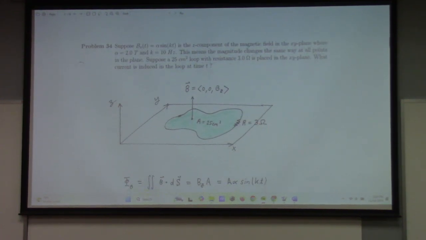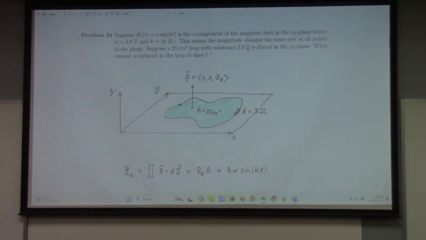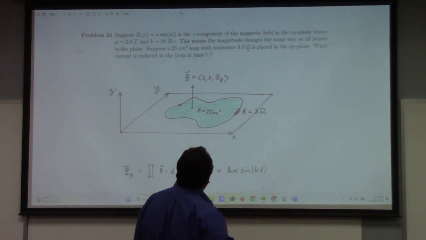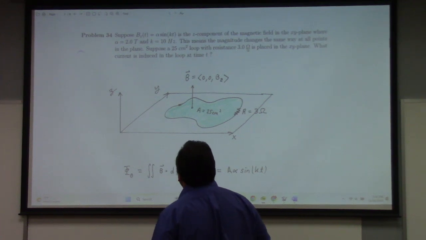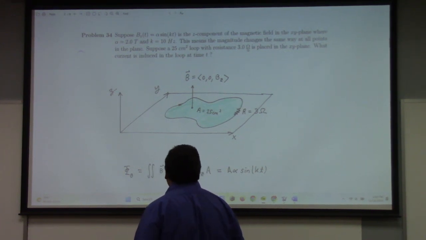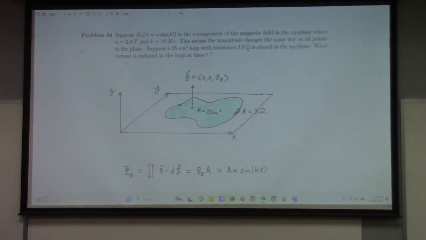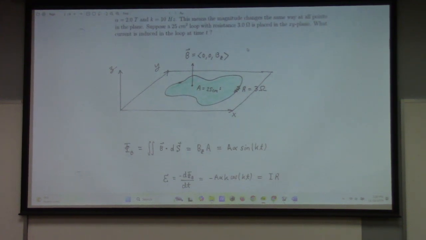For problem 34 here, we've got some region in the plane. I give you the formula for the magnetic field component that's perpendicular to the plane and some values. So basically we just do B times A because the direction of the field is the same as the direction of the area everywhere. So it gives me A alpha sine KT.